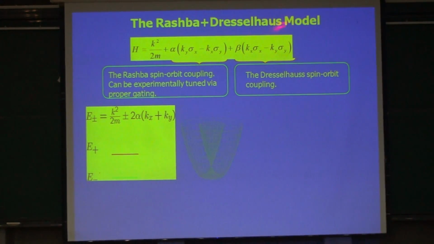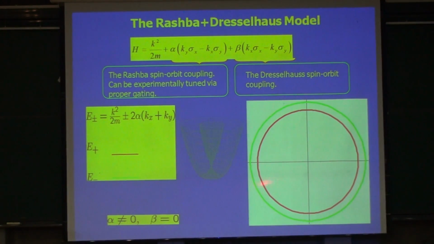If you look at the Rashba and Dresselhaus model, you can calculate the eigenvalues. For Rashba only, you will see eigenvalues like this, with an energy splitting between the up electron and down electron. If you see the Fermi surface in 3 dimensions, it's just like this.